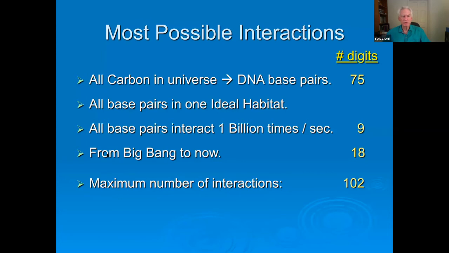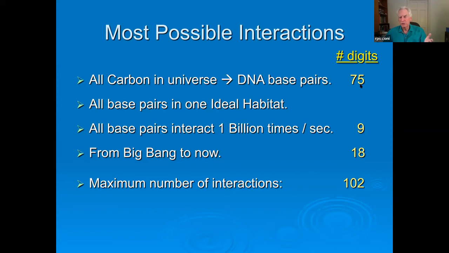And I'm going to assume that all of these nucleotide base pairs existed at the instant of the Big Bang, and they have been interacting 1 billion times a second from then until now. That's as much time as exists. So the number of seconds in the age of the universe is a number that has 18 digits.